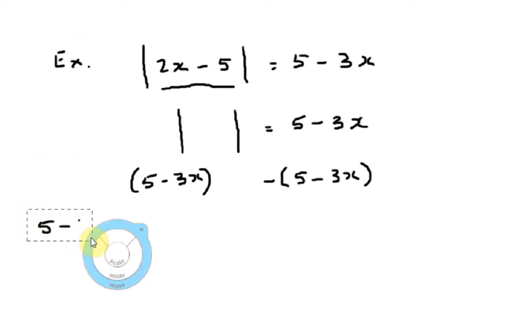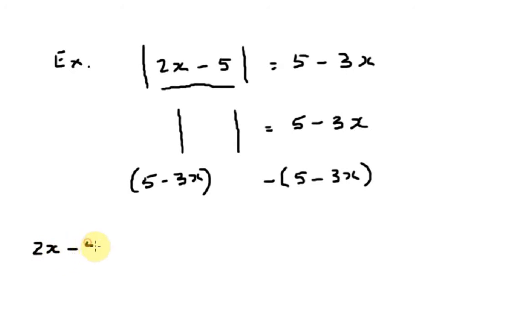Okay, so either we have that the stuff in the brackets, which is 2x minus 5, is equal to the stuff on the left here, 5 minus 3x. So that gives me one possibility. So I can make this 2x minus 5 equal 5 minus 3x, then I know it's going to equal the right side.